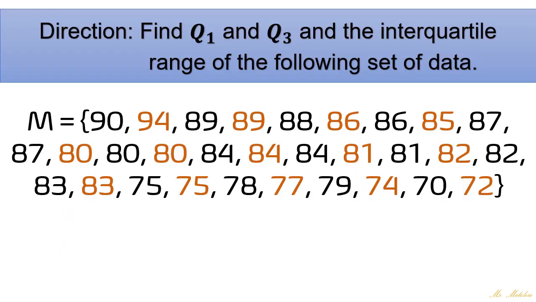Okay, so here's our first problem, guys. Find the Q1, Q3, and then the interquartile range of the following set of data. Here, as you can see, we do have a lot of scores or data given, and if we're going to count them all, we'll have a total of 30 scores, which means our sample size is very large, and with that, it indicates that we are supposed to solve for the quartiles for group data.